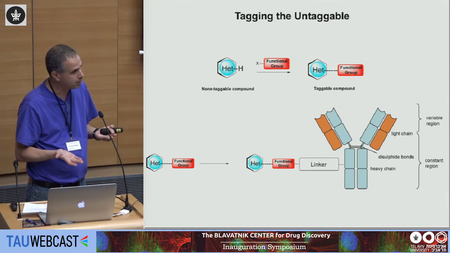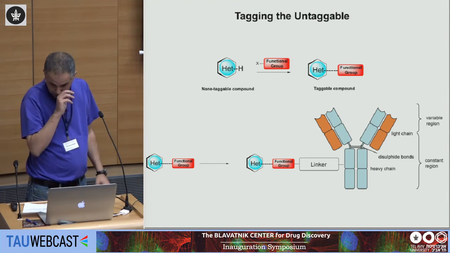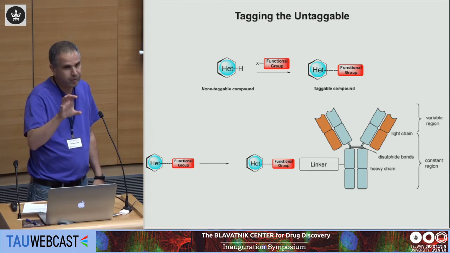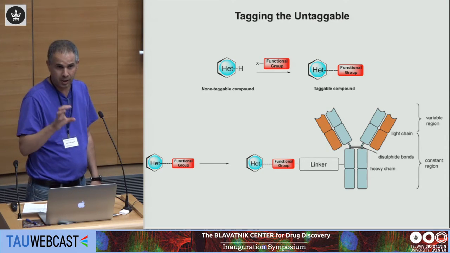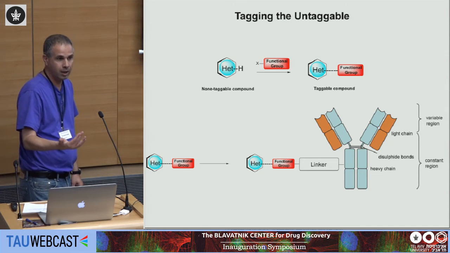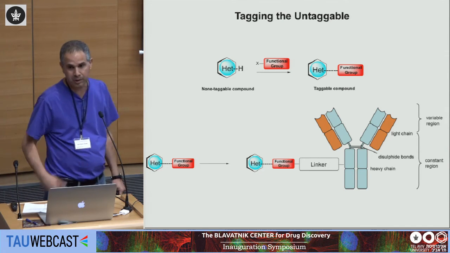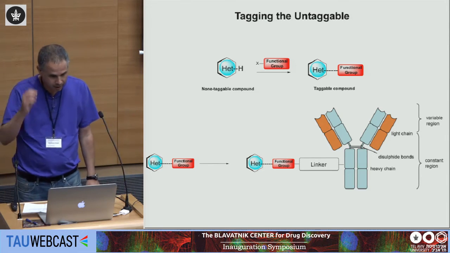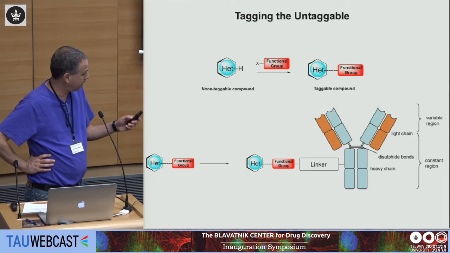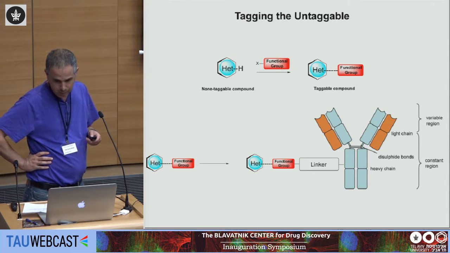You generate a new drug. But if you do it in a specific way and modify a region in the small molecule that will not interfere with the binding to the receptor or the biological activity in general, then this can be achieved. And indeed, that's what we were doing.